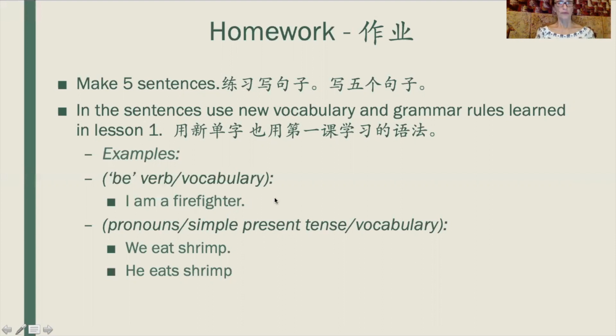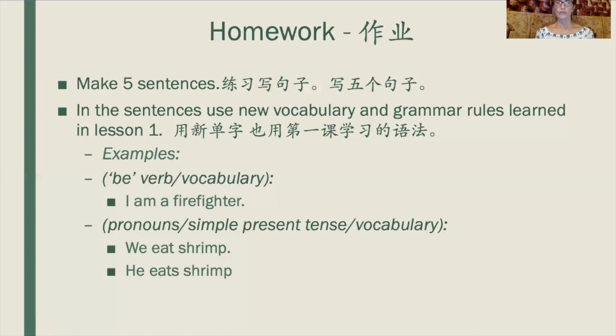So that's what we want you to do. You can make sentences and try to make nouns, plural nouns, ending in S. And how do you get to the S? Do you have to add ES or just S?